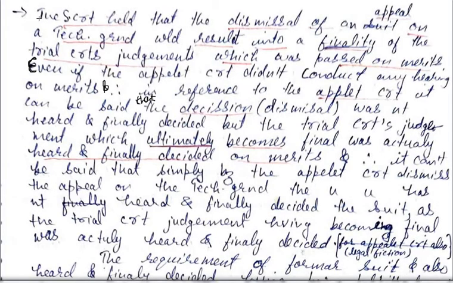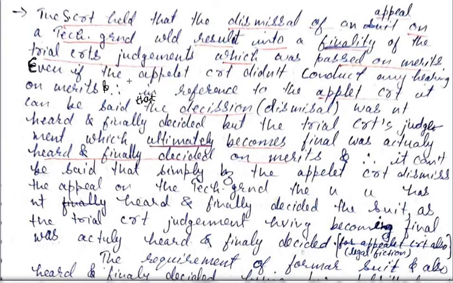So write, the Supreme Court held that the dismissal of an appeal on a technical ground would result into a finality of the trial court's judgments, which was passed on merits. Let's stop. Next sentence.